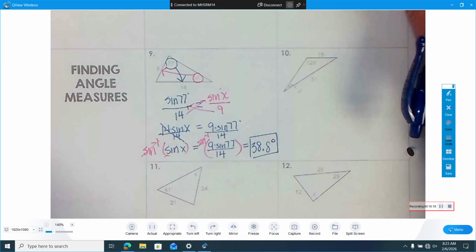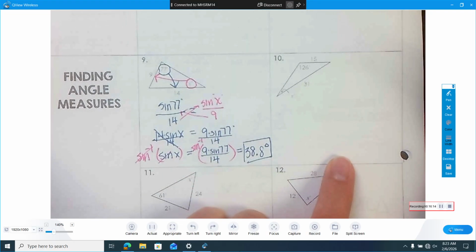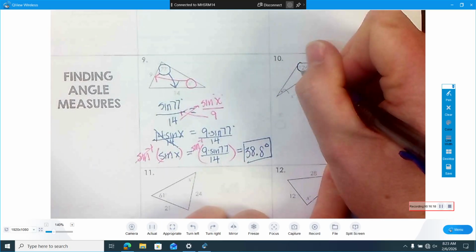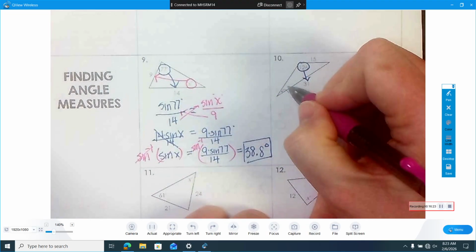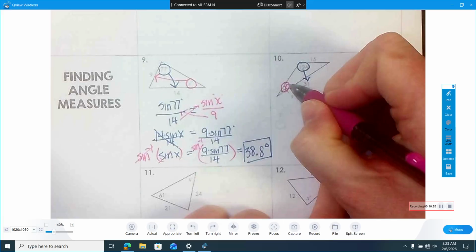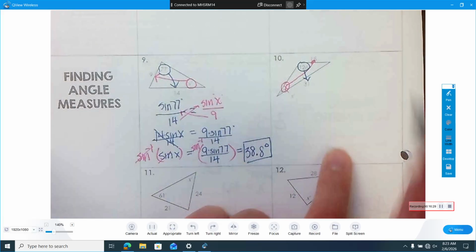Let's try number 10. Do I have an angle and opposite side info? Okay. So I got 126 and its opposite side is 31. I also have the X here and its opposite side of 15. All right.